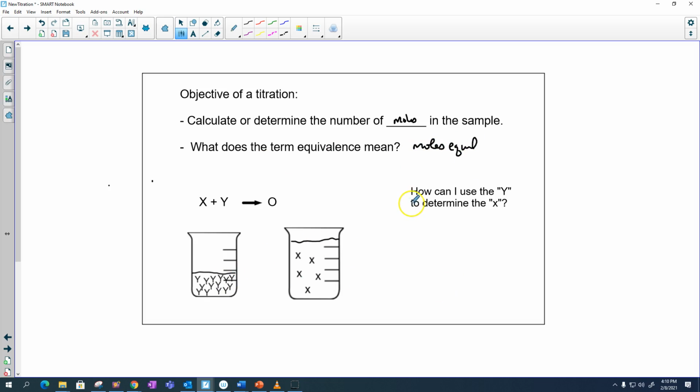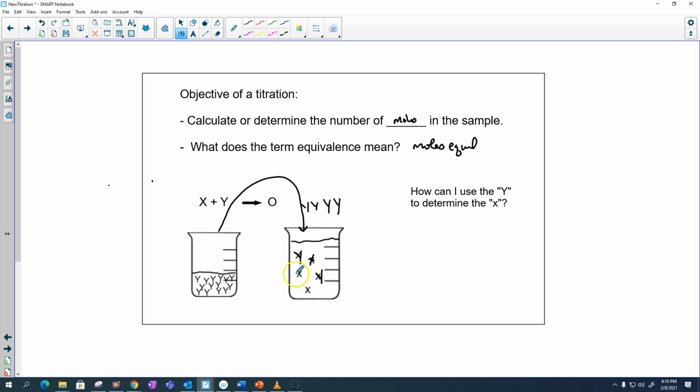So, for example, how do I use Y to determine X? Kind of alluded to this just moments ago, that I'm going to take and dump these in here. And if I know how many Y's I add, I add 1 Y and knock out an X. Add another Y, knock out an X. Add another Y, and just keep knocking them out.